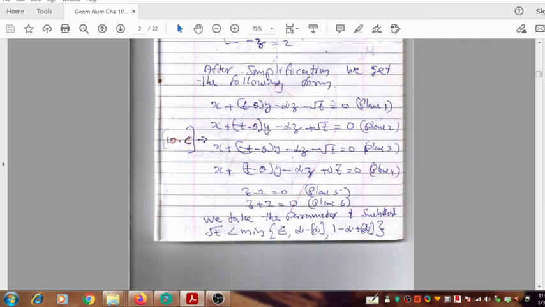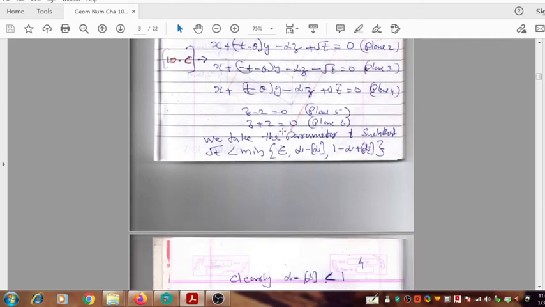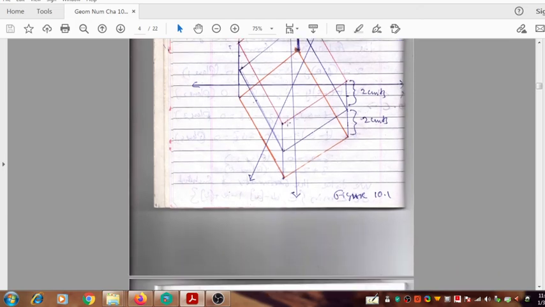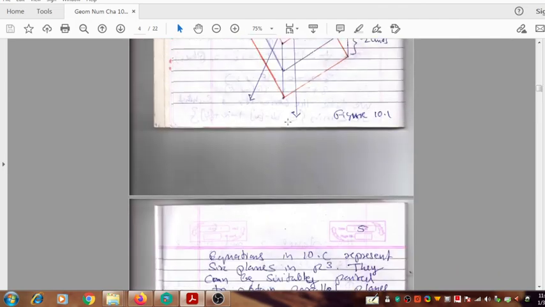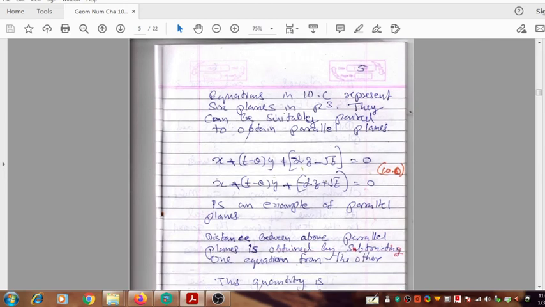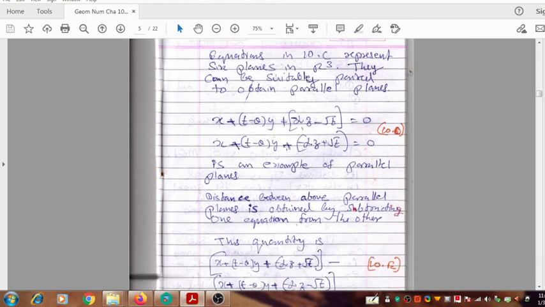These two pairs make the opposite sides of the prism. The equations in 10C represent six planes in R3, and they can be suitably paired to obtain the parallel planes. I have explained how we can pair these equations to obtain the sides.